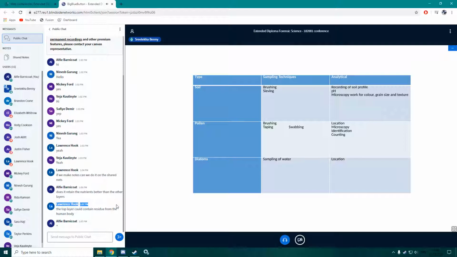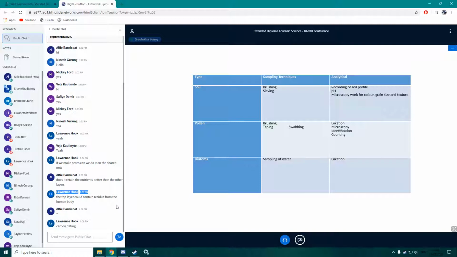So how do you use carbon-13? Carbon dating, correct? And also, the top layer is called the humus, which has organic matter.